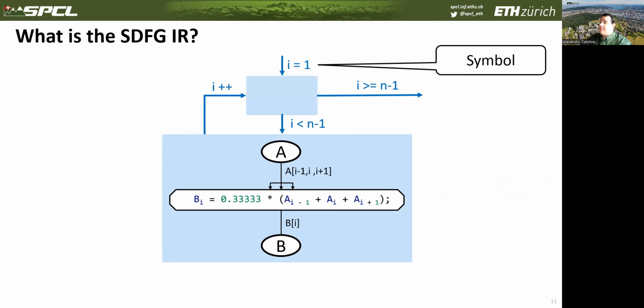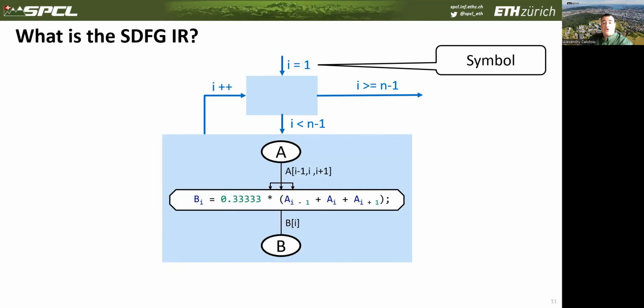An important aspect here is that state transitions and memlets are analyzed using symbolic expressions, as DaCe uses a powerful symbolic analysis engine. It will become important later and allows, in short, detailed analysis of data access patterns.